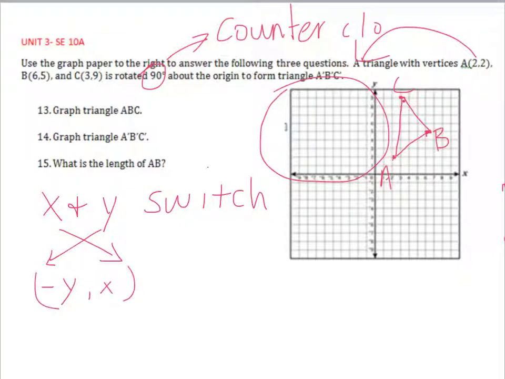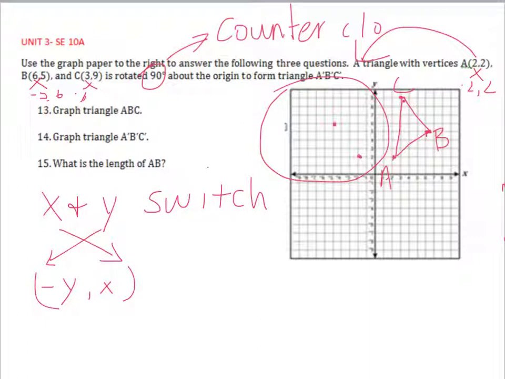So here we have 2, 2, so they're going to switch places, and this one is going to become negative. So we get negative 2, positive 2. So it goes right here. Then the 6 and the 5 are going to switch places, and the 5 becomes negative. So we get negative 5, 6, and then the 3 and the 9 are going to switch places, and the 9 is going to become negative.